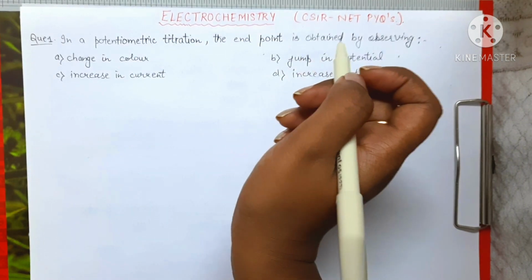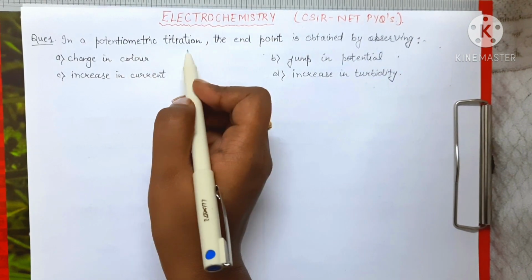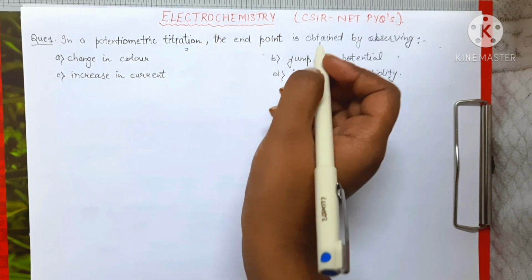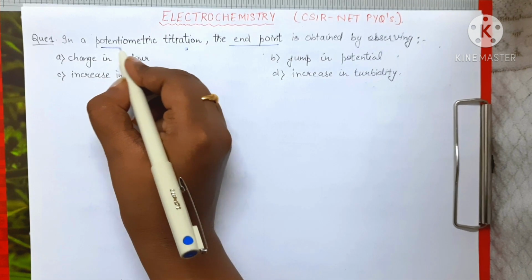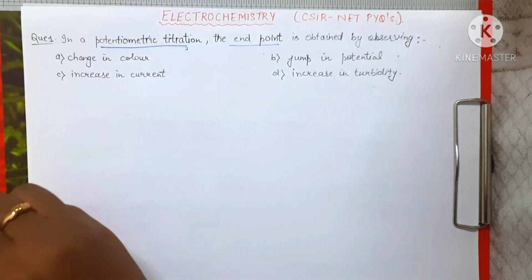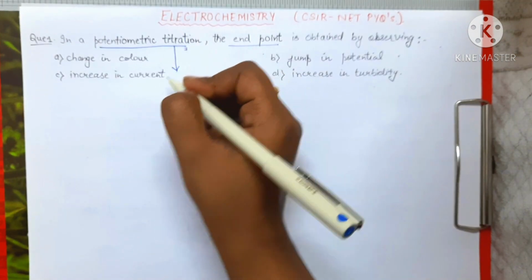So basically we have to tell that whenever we do a potentiometric titration, what are we going to observe at the end point. In case of potentiometric titrations, what is the basis?